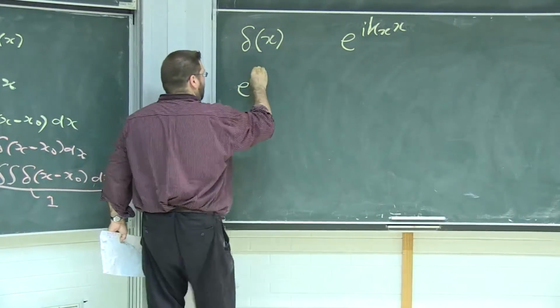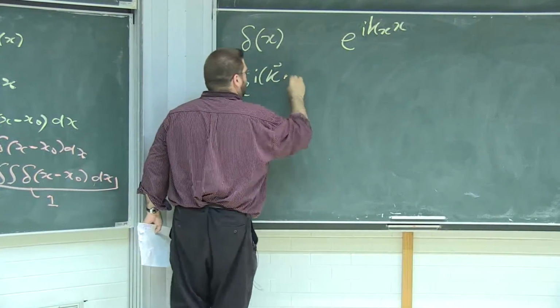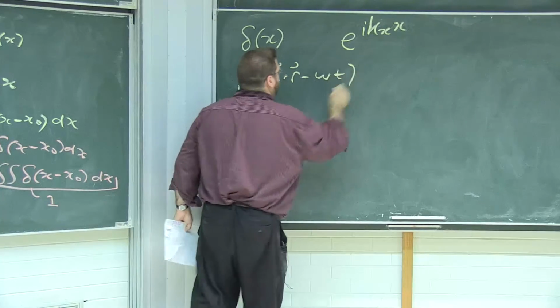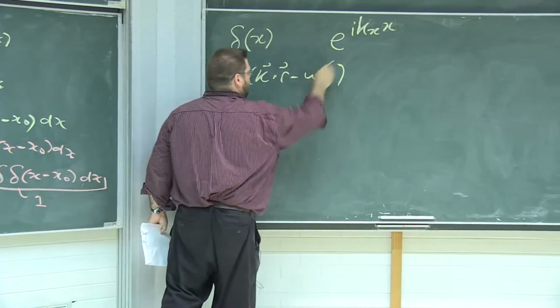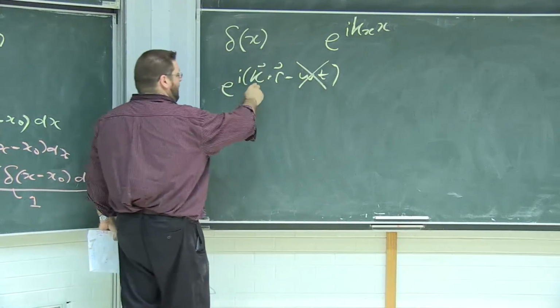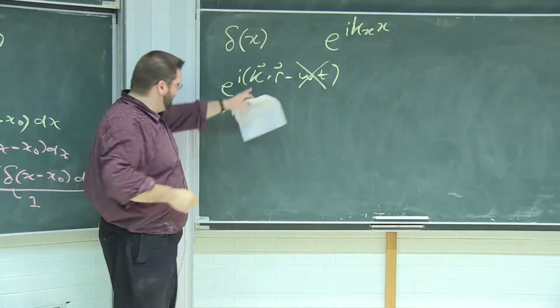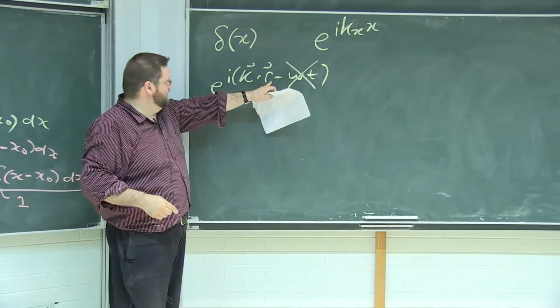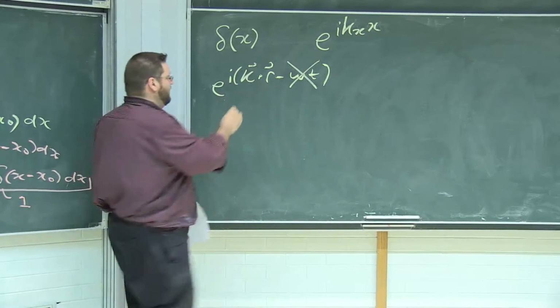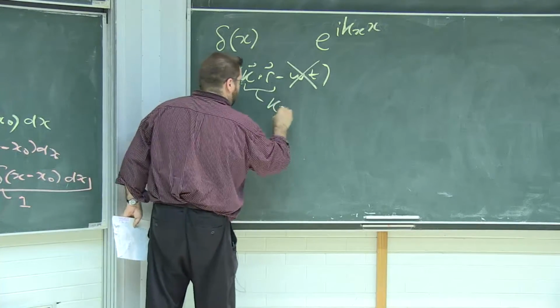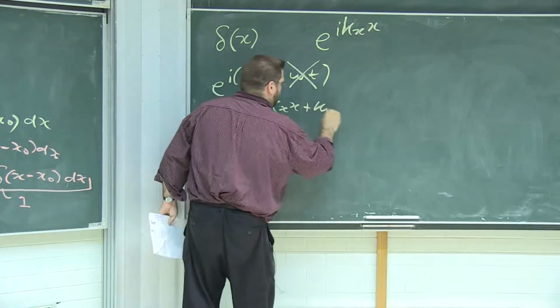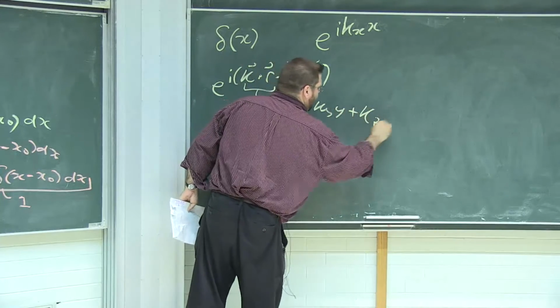If we had a 3D plane wave, just to be explicit, it's this. If we freeze time to naught, this goes. This is going to have Cartesian components kx, ky and kz, and this is x, y and z. This dot product will hence be kx x plus ky y plus kz z.